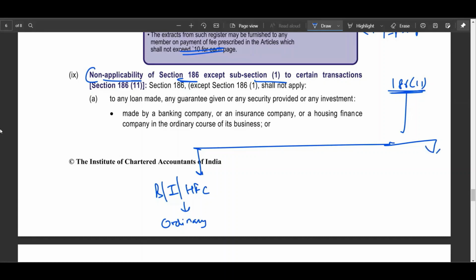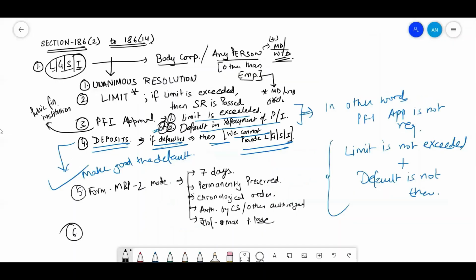And the second part is about a company which is incorporated for this very purpose, to provide loan, investment, guarantee and security. Then 186 subsection 2 to 186 subsection 14 are not applicable as per 186 subsection 11. But 186 subsection 1 is very much applicable. 186 subsection 1 talks about investments in layers, not more than 2 layers. All right, so that was a different section.